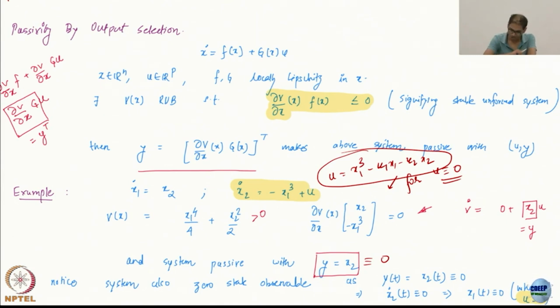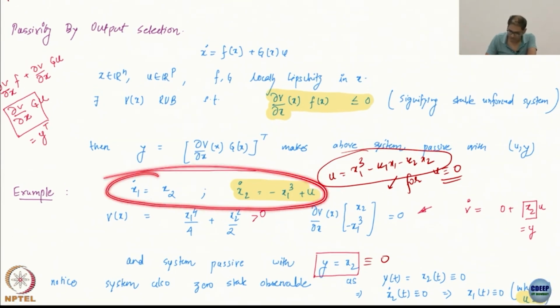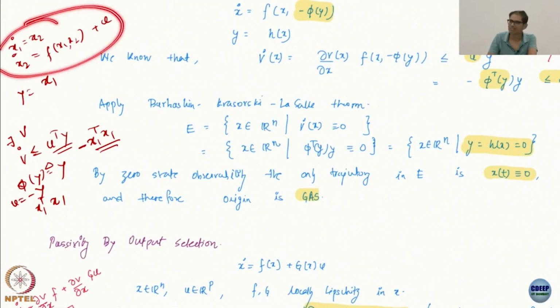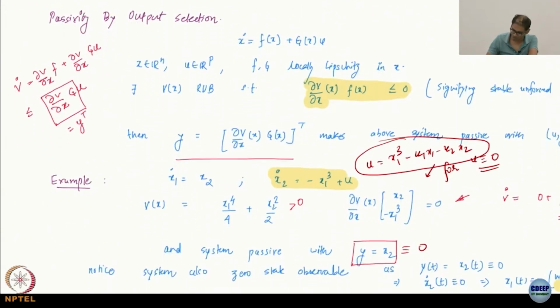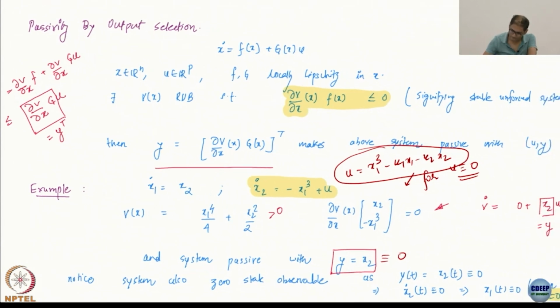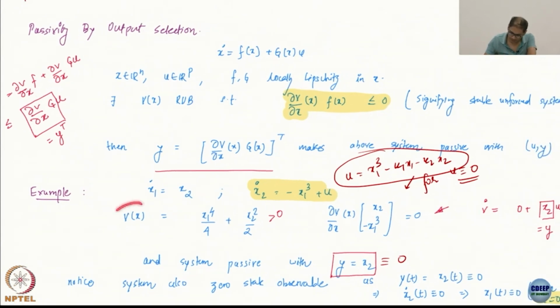Good. So what is the example? This sort of example. Again not too far fetched. I have just given a particular form for the drift term here, that is all. It is not too far fetched from what we already have. Now let us look at this V of x. Why did I choose this form?